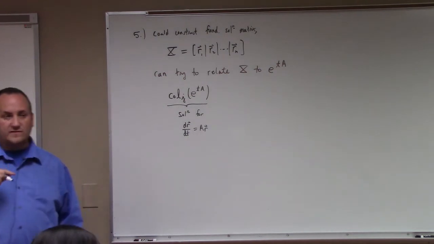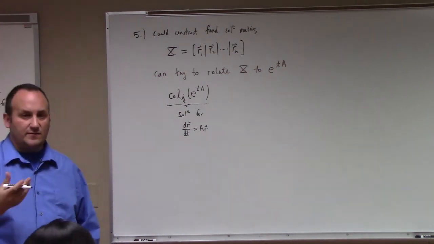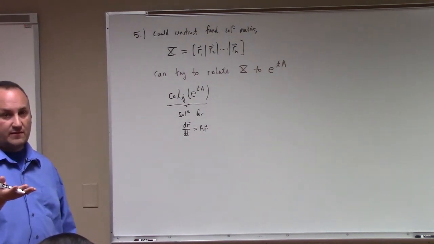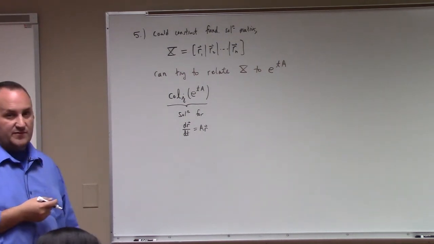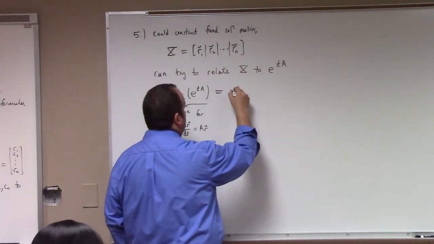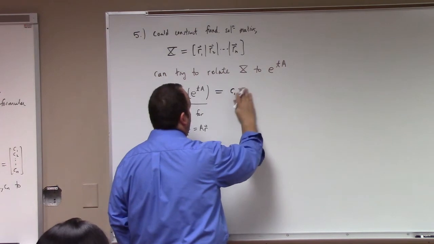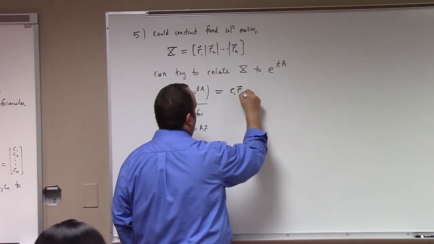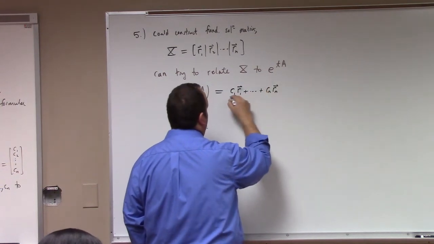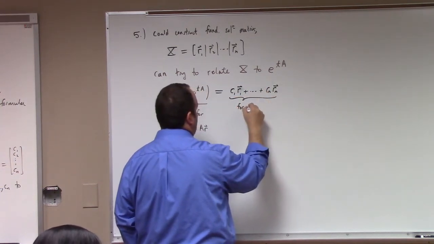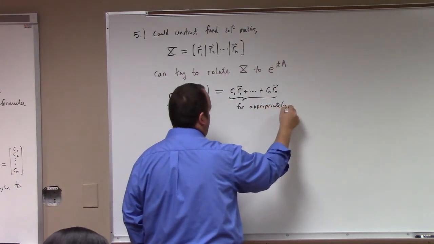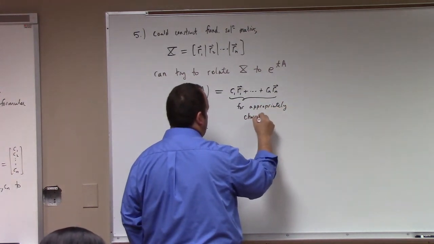But if X is the fundamental solution matrix, that means that we can write any solution whatsoever as a linear combination of the columns of X. So this is equal to C1 r1 + ... + Cn rn for appropriately chosen constants.